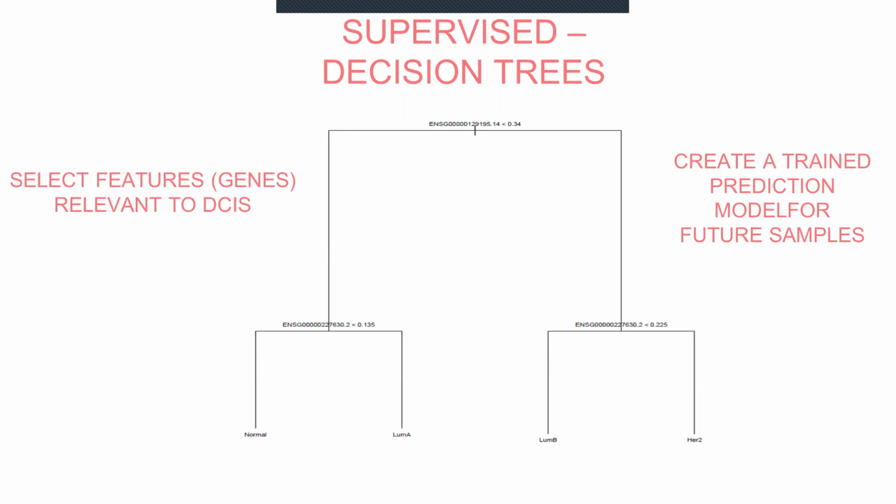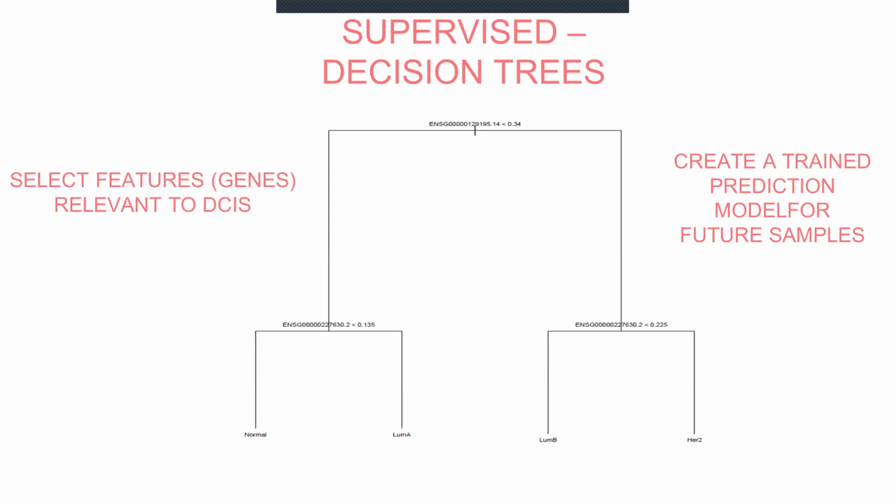And then we come across another gene, and it has a cutoff value of 0.135. So now, if the value of that gene is higher than 0.135, then we go to the right branch, and we come to luminal A.